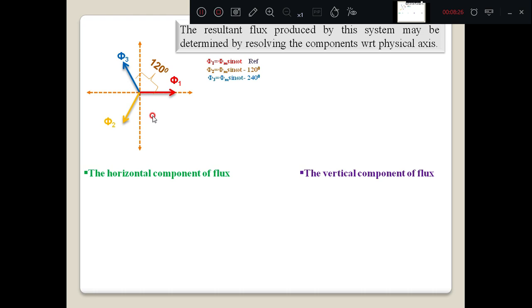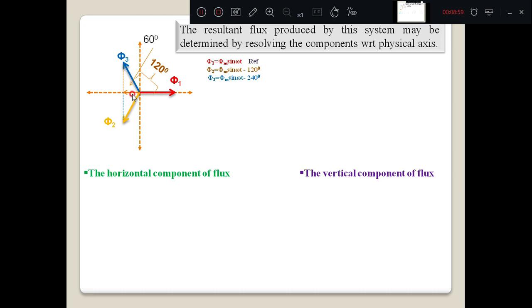Now I am resolving this. First I am taking the resolution of phi 2, which gives the x component of phi 2. Considering this triangle, what I want is the adjacent side, and what I know is the hypotenuse. So I need adjacent side divided by hypotenuse.